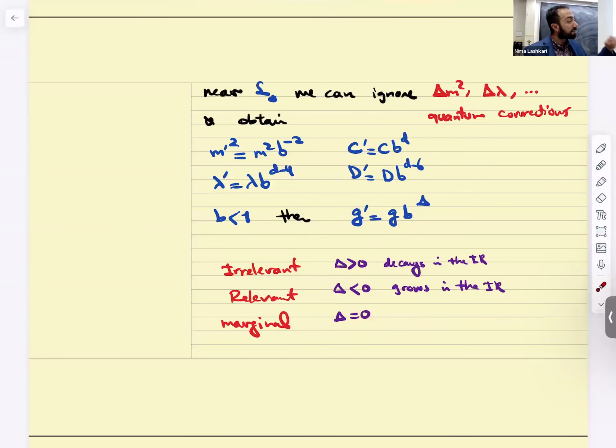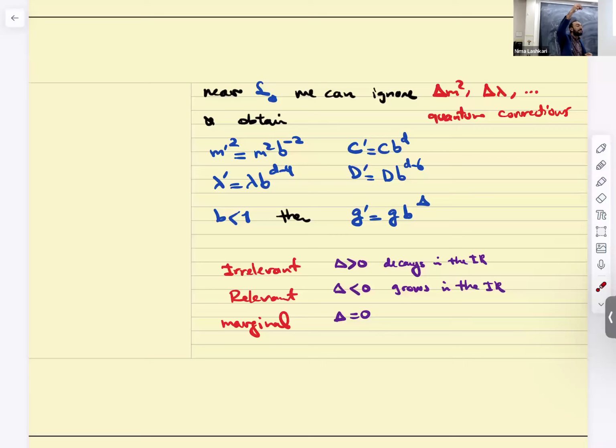If you recall, that was the basis of the analysis: if this power is positive, it decays in the IR. If it's negative, it grows in the IR. We call this relevant, irrelevant, marginal. So from the point of view of an infrared observer, it's just insane to assume a relevant operator is not present, because that requires sheer magic.